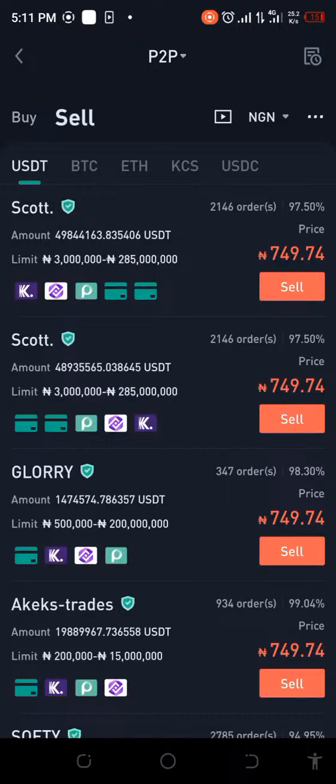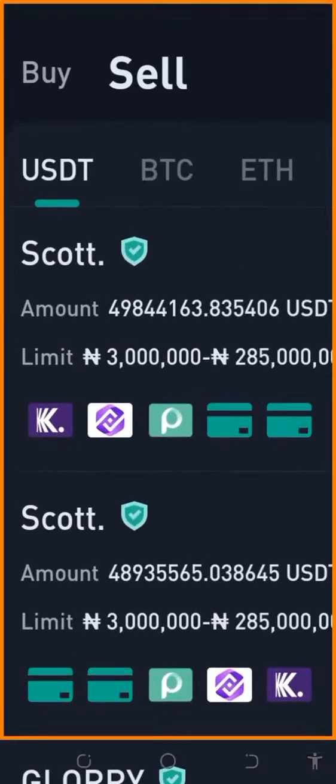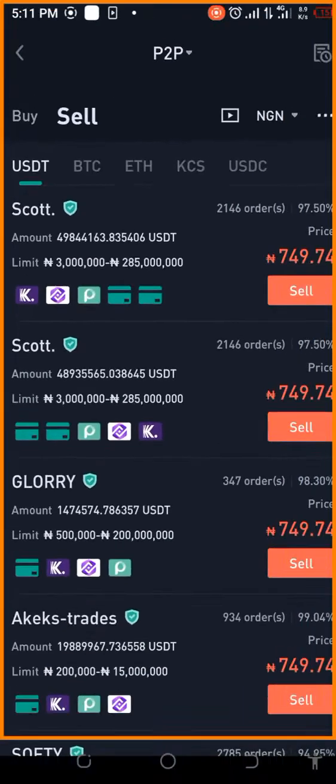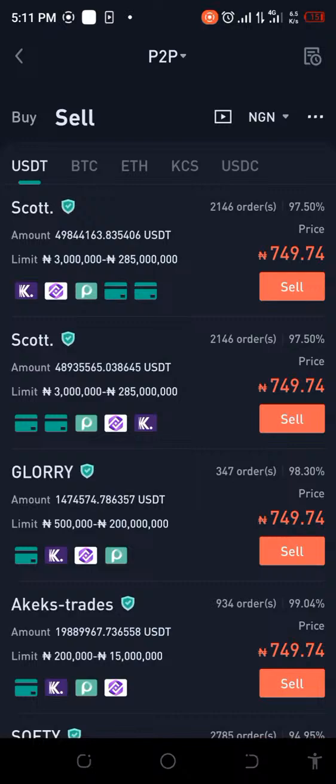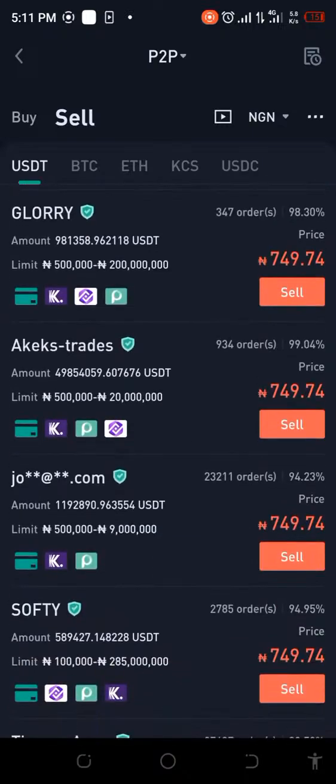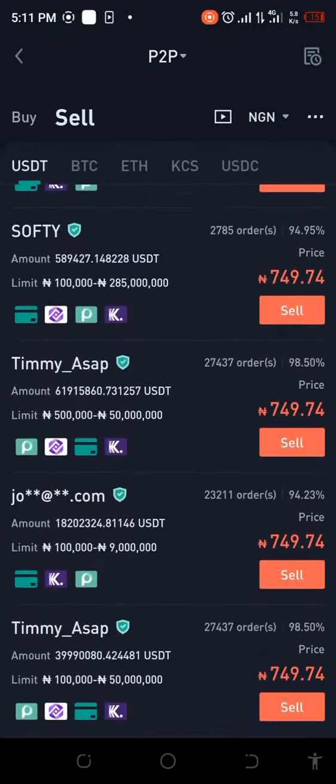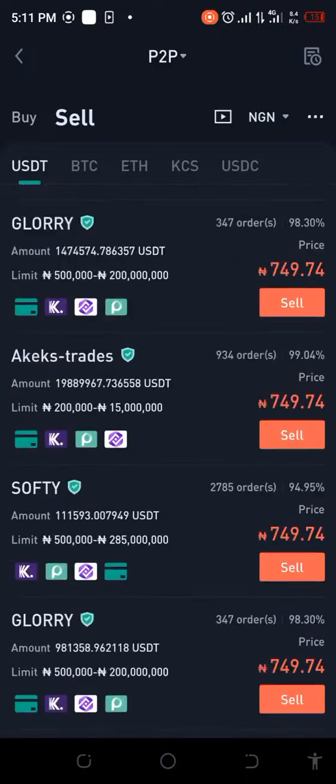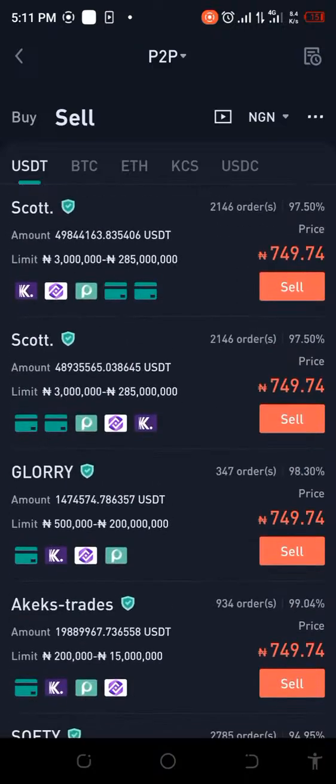As you can see here, you have the opportunity to do so. Let's try and see whether we can put the range there, whether we can get the amount we're looking for. We're looking for $25, okay?